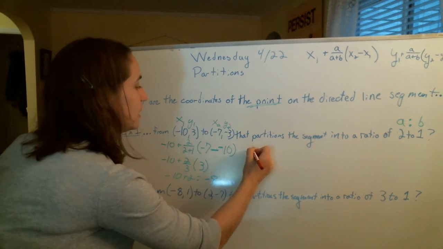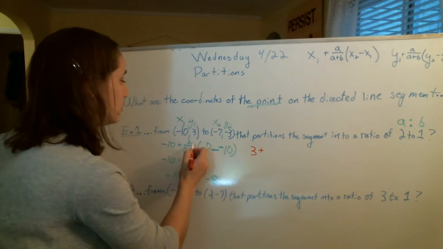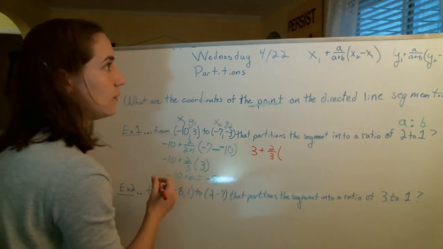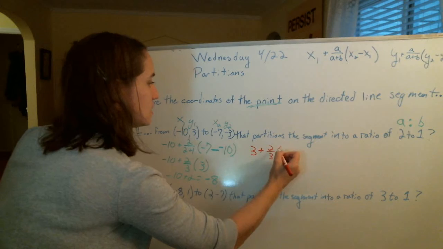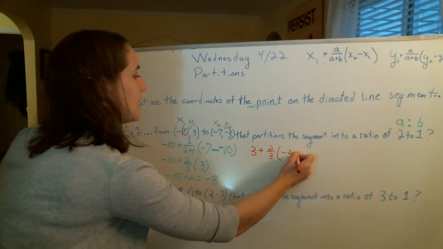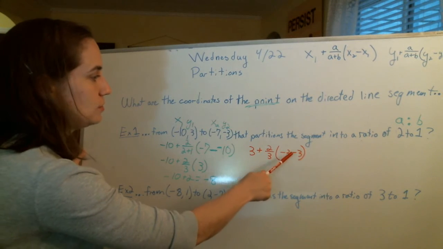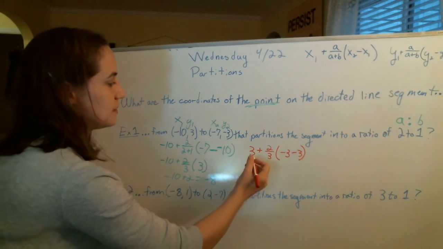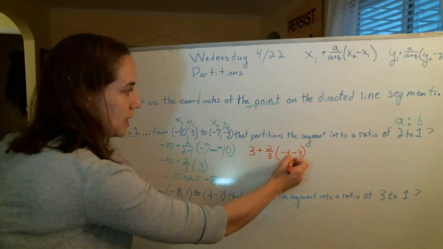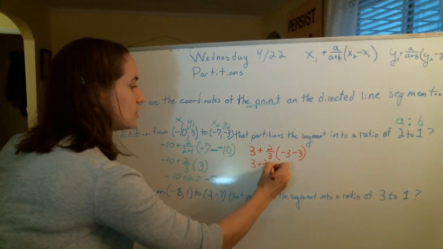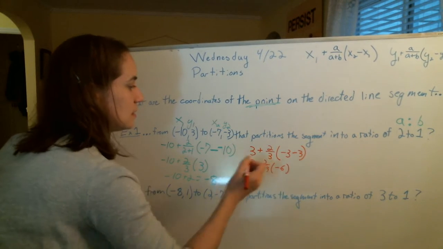So my y1 is 3 plus, now 2 over 2 plus 1 is going to still be 2/3. And then we'll have y2, which is negative 3 minus 3. Okay, that's y2 minus y1. The y1 is positive. So negative 3 minus positive 3. So I'll have 3 plus 2/3 of negative 6.